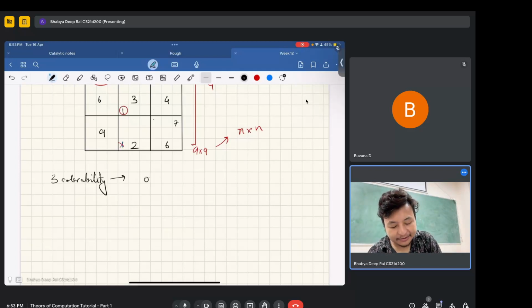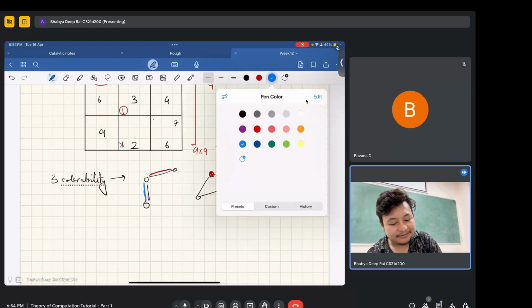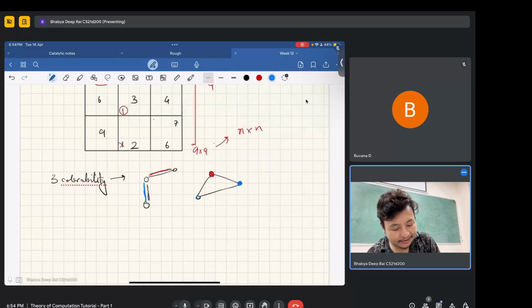You color edges like this, and adjacent edges must not be colored the same color. Similarly, there is a vertex version also. Here, the vertices need to be colored, and adjacent vertices should not be colored the same color. So something like this is not allowed. It needs to be colored with a third color, green, say, because it is adjacent to another blue vertex.